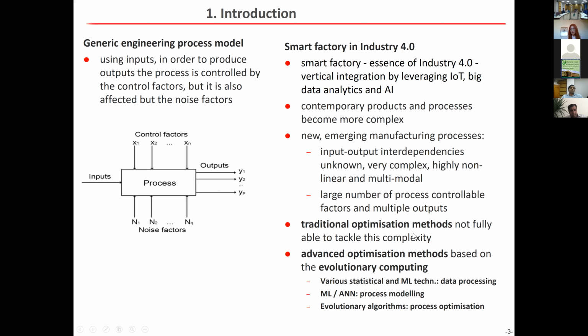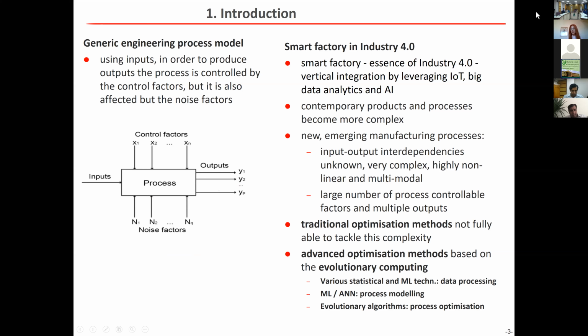Traditional optimization methods are not fully able to tackle this complexity, so we are relying nowadays on advanced optimization methods that are mainly based on evolutionary computing. Here we talk about various statistical and machine learning techniques that are needed for data pre-processing.